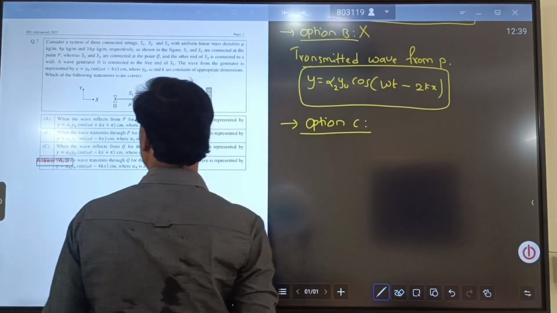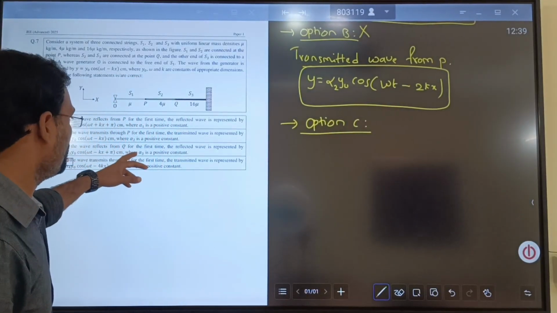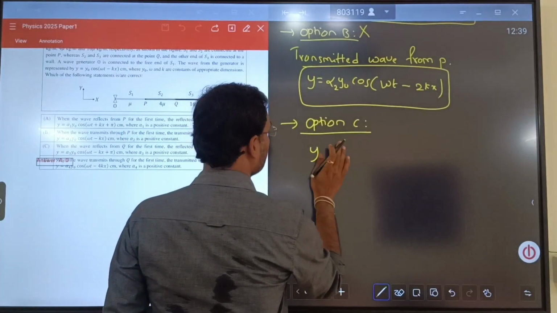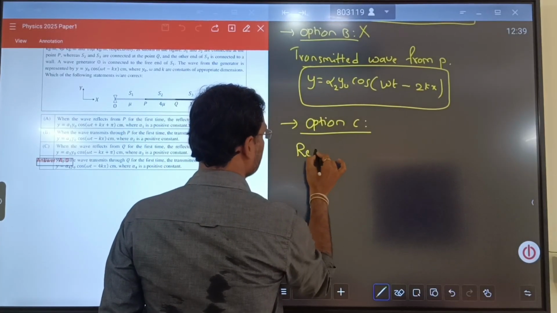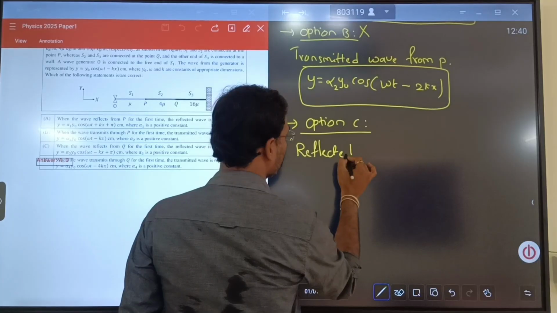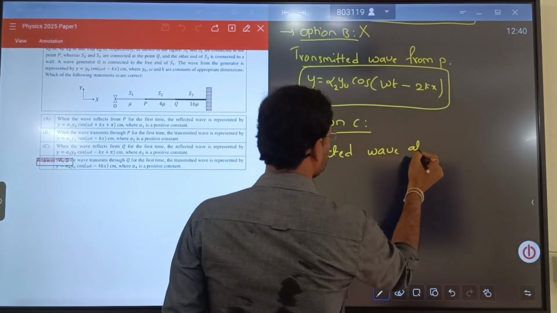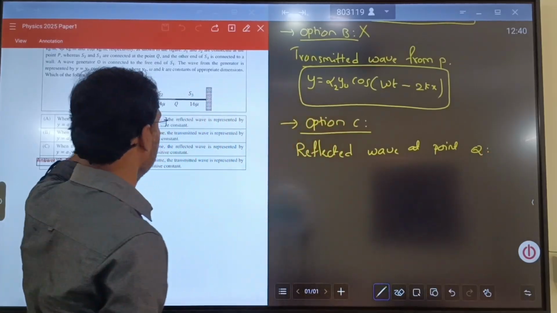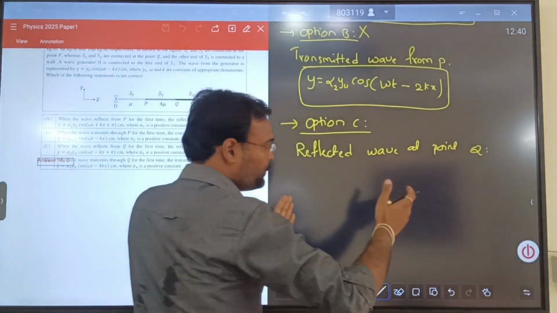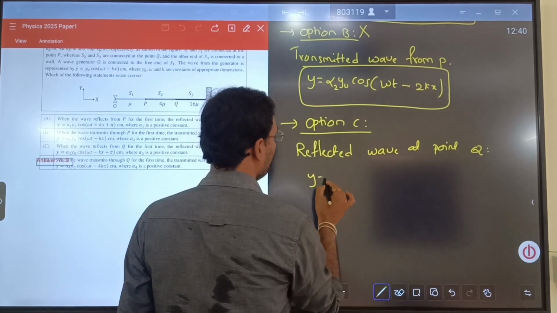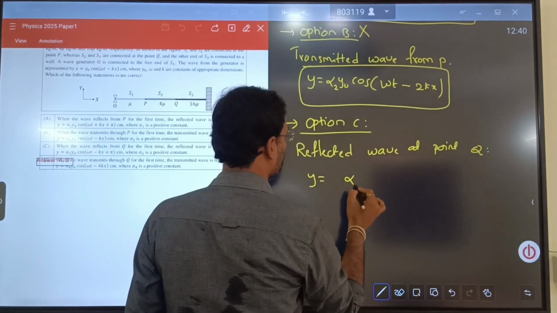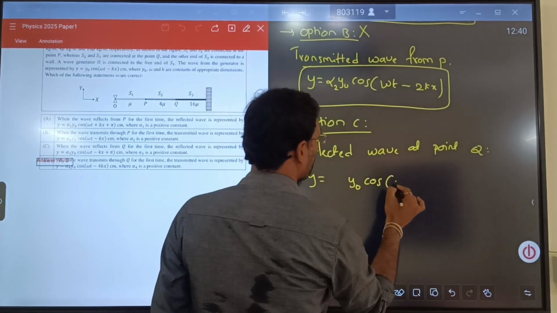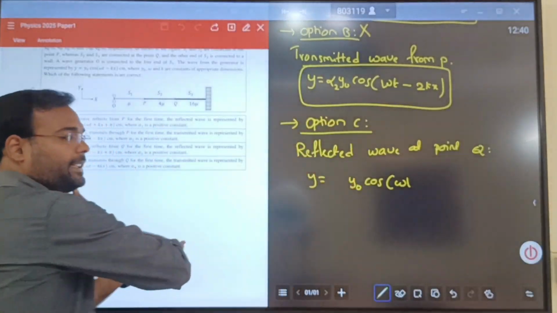In option C, when the wave is reflected from point Q for the first time, the reflected wave is represented by, again, the reflected wave at point Q. See beta, for Q the wave number changes from 2k to 4k. Forget about alpha 2, and y naught cos omega t. Reflected means it has to move in the backward direction.